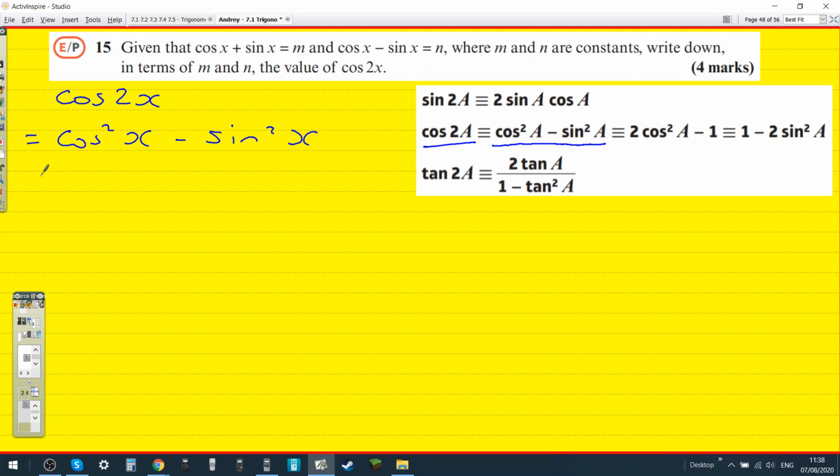Any idea what you can do with that? And that equals n squared. No, because n squared would have a minus 2 sine x cos x in the middle. This doesn't. Difference of 2 squares.